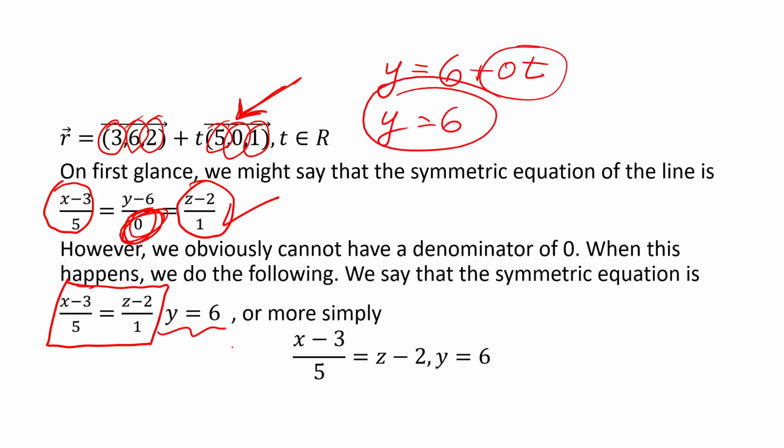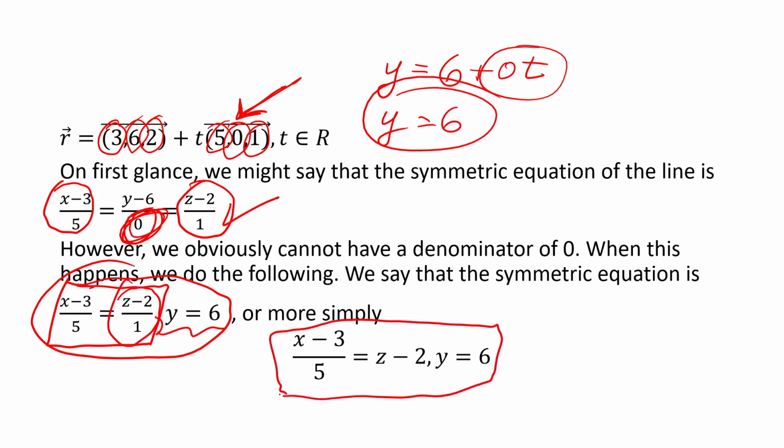So we simply write that out. And so this becomes our symmetric equation: x minus 3 over 5 equals z minus 2 over 1, comma, y equals 6. But again, just as we did before, we don't usually have a denominator of 1. So in this particular case, you would probably see the symmetric equation of the line written x minus 3 over 5 equals z minus 2, and y is equal to 6.